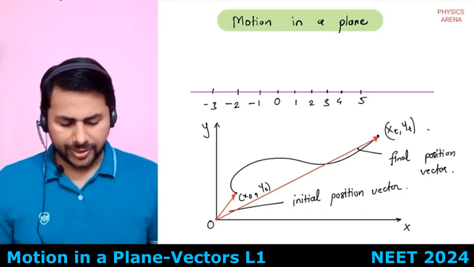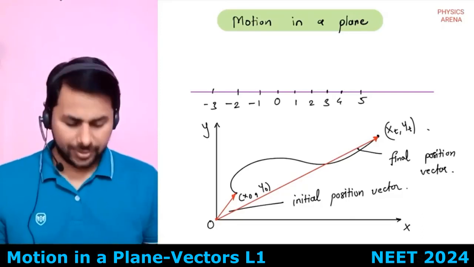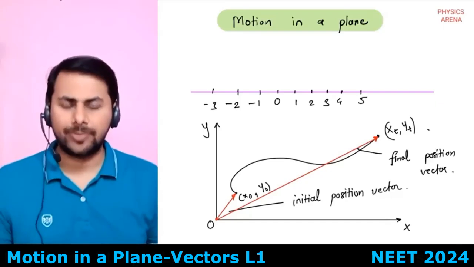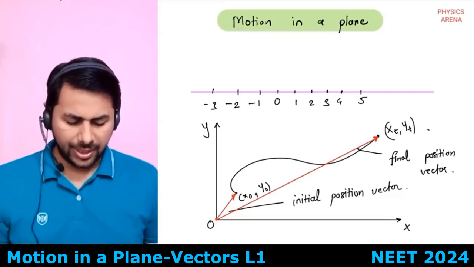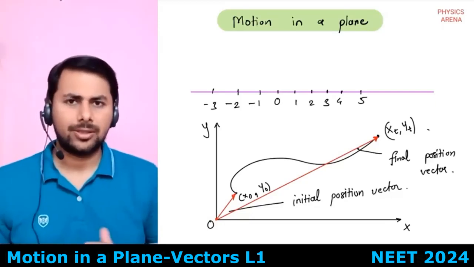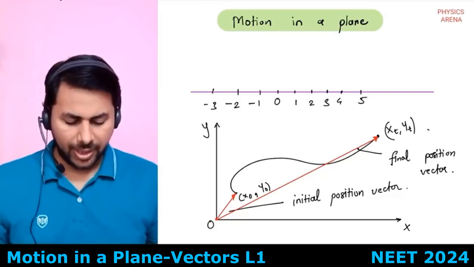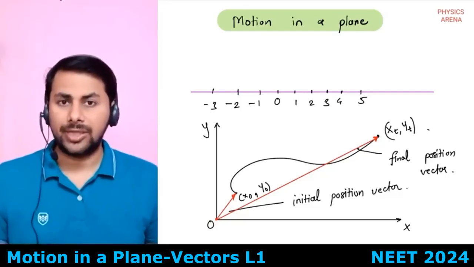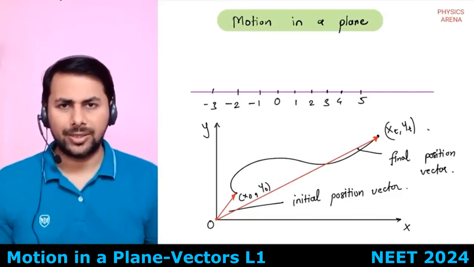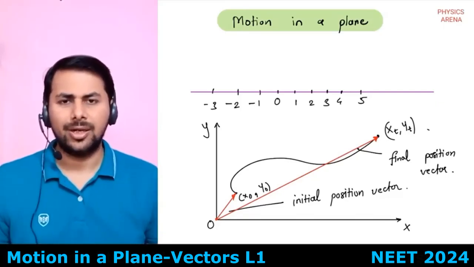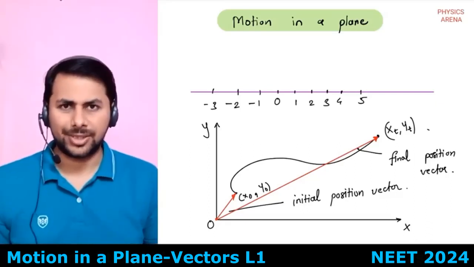So now what is a vector? A vector is an arrow drawn in space, starting from some position, and it can be used to denote position, displacement, or various other quantities which have magnitude as well as direction.